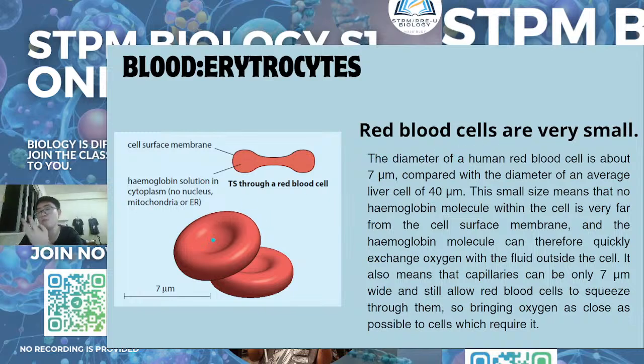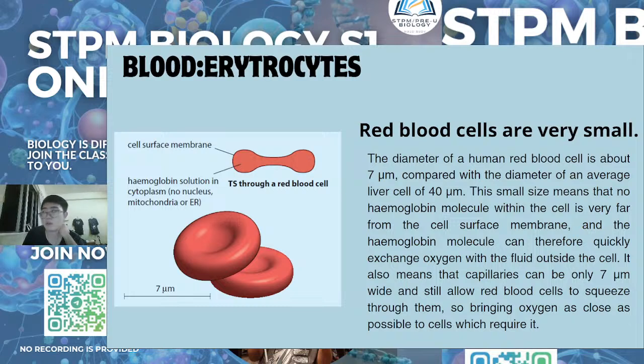Why does it need to be very small? So that the distance between the hemoglobin and the plasma membrane of the red blood cell is very close. So when the oxygen diffuses into the red blood cell, the hemoglobin can quickly react with the oxygen and carry the oxygen quickly.